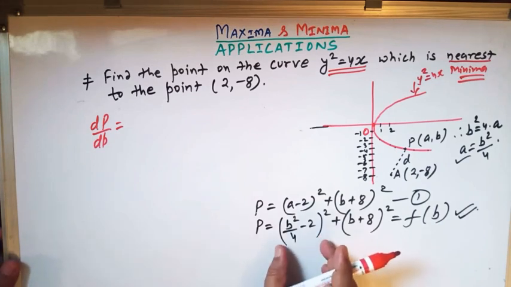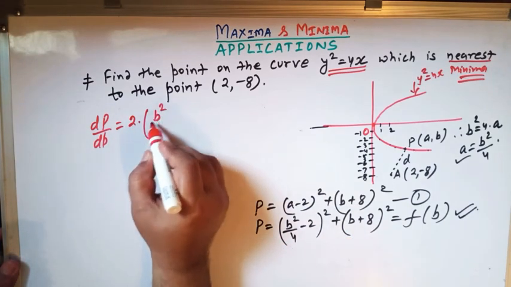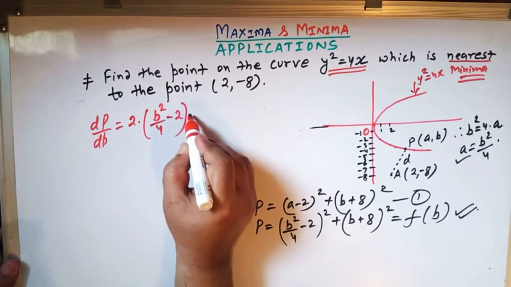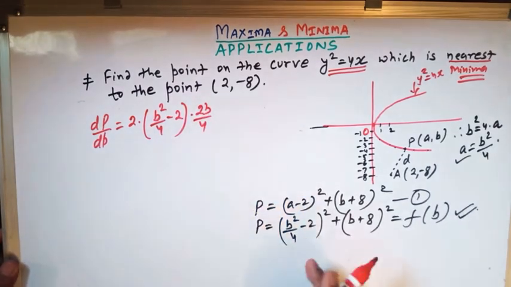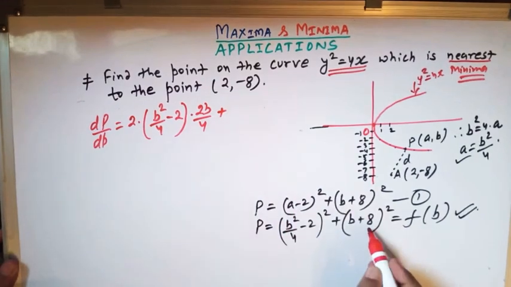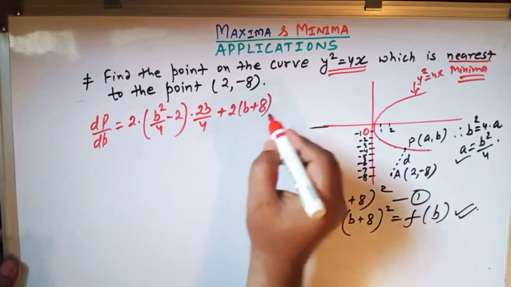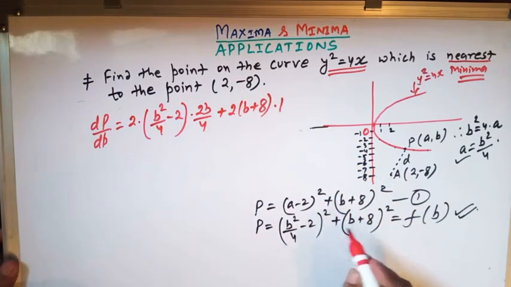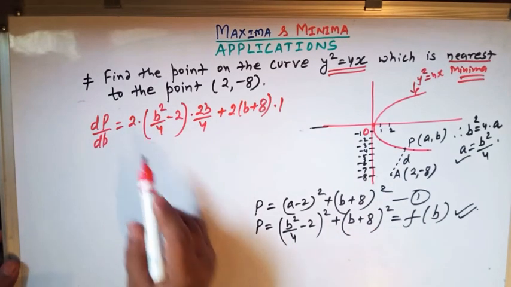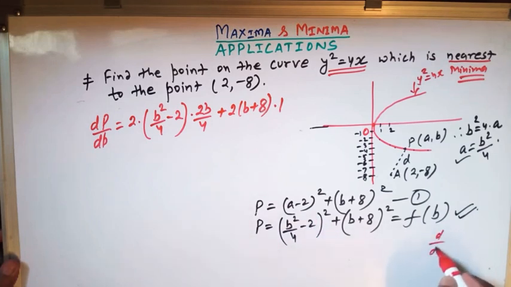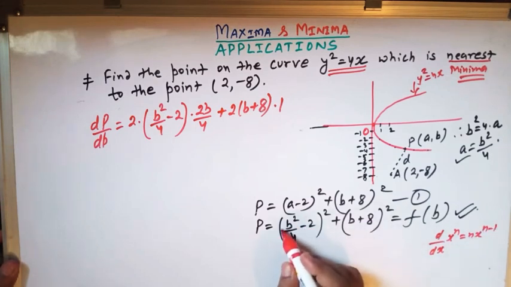Now the derivative of this term is 2 times b square over 4 minus 2, then multiplied by 2b over 4, because by chain rule, plus the derivative of this function, which is 2 times b plus 8 times 1, because the derivative of b is 1 and the derivative of 8 is 0. Similarly here we have 2 times, first we have applied the formula n x to the n minus 1, then we differentiated this term.